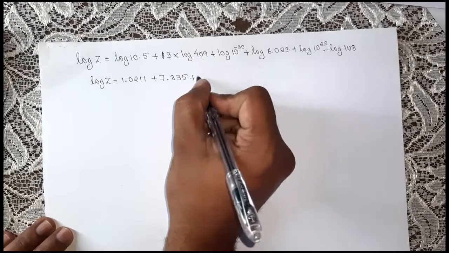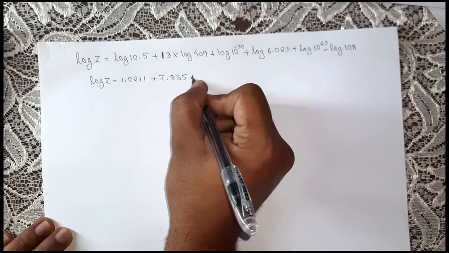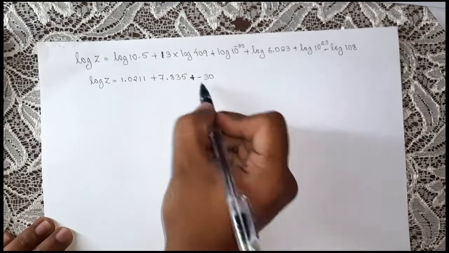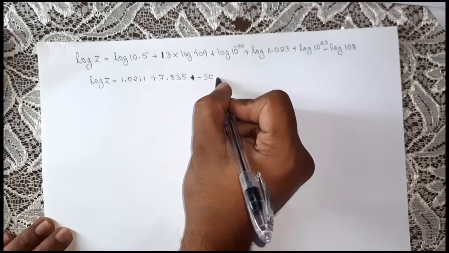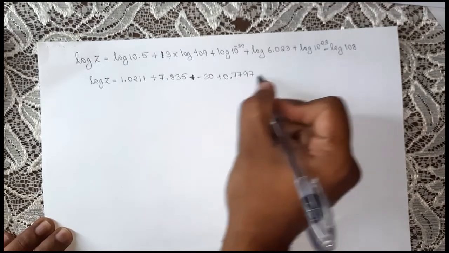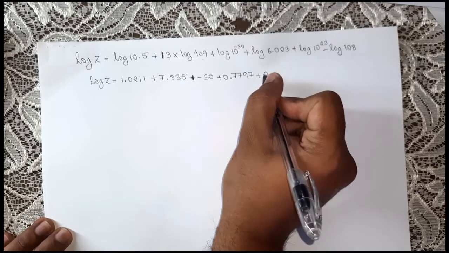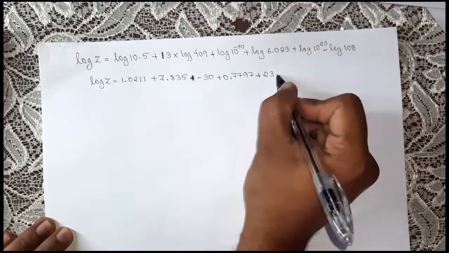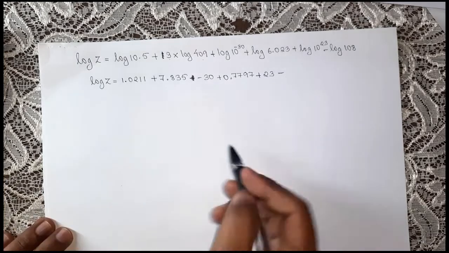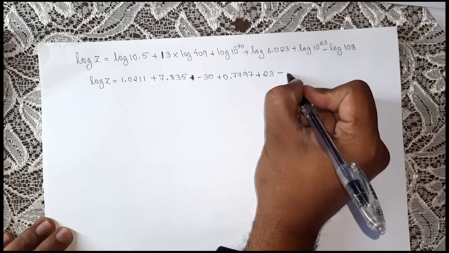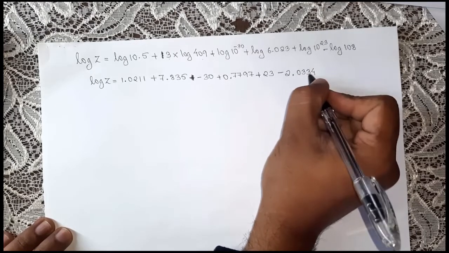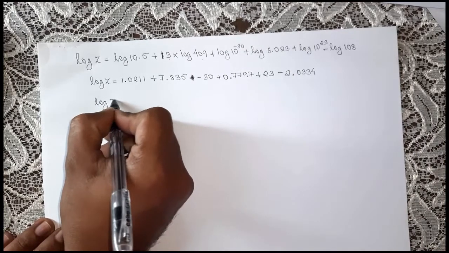Log 10 to the power minus 30 is minus 30, and then log 6.023 is 0.7797, log 10 to the power 23 is 23, and log 108 is 2.0334.